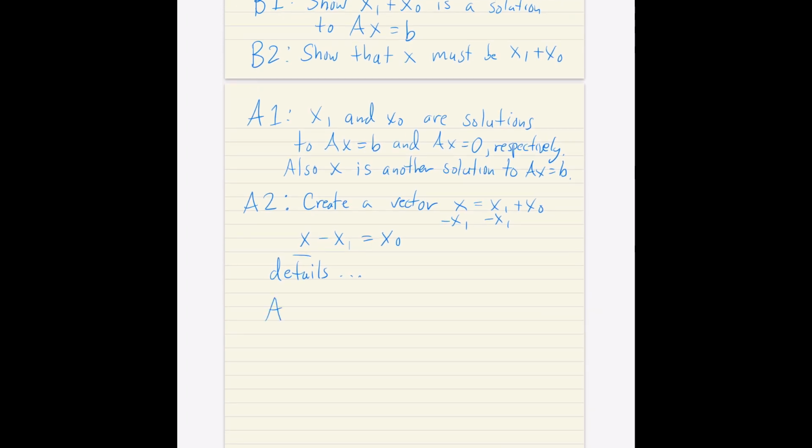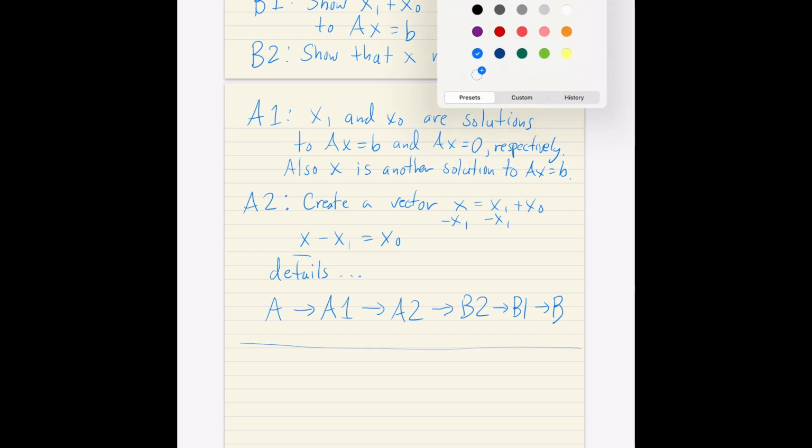First, I'm going to show the hypothesis, and then we'll show A1, and then we'll go through A2, and then once I have that vector, I have to show that that vector must be x1 plus x naught, so we have B2, and then we're going to show that that's a solution, B1, and then finally I have my conclusion, which is that every solution is in this form. Okay, so we'll see those details in the proof.